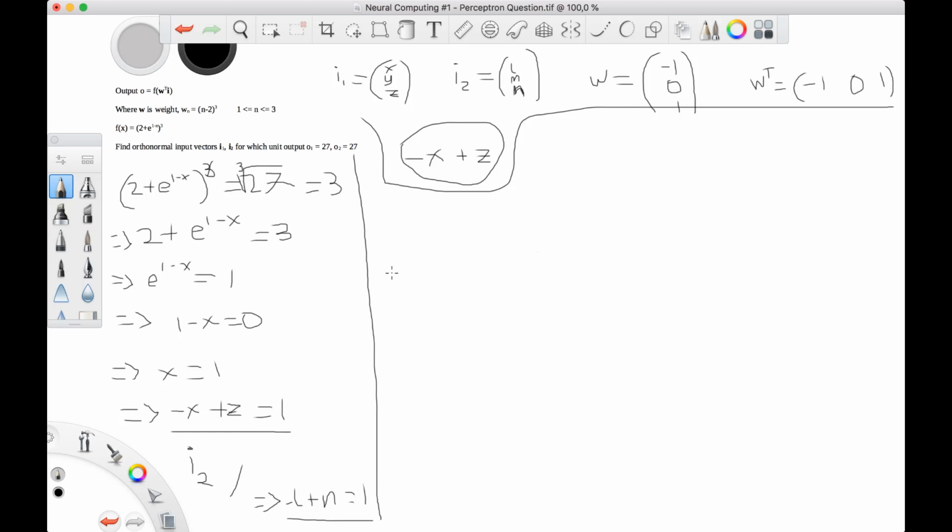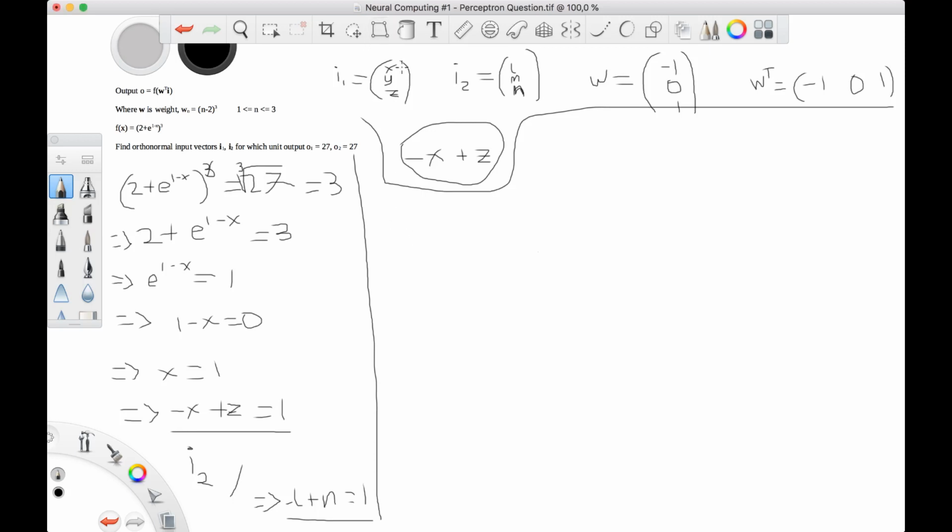And we're also told that these vectors are orthogonal. Let's not worry about the unit part for now. Let's just focus on the orthogonal bit. Well, what does this mean? It means that the dot product of I1 and I2 has to be 0.